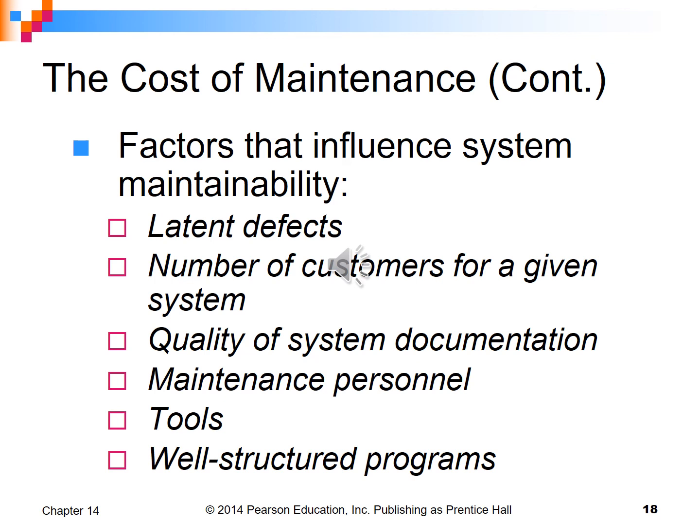The tools: if we have better tools, again, we reduce the maintenance cost. Well-structured program: if it is written using standardization, a well-structured program will reduce the cost of maintenance.